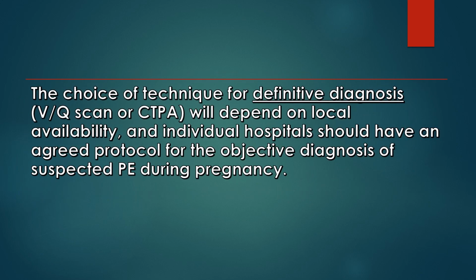The choice of technique for definitive diagnosis, VQ scan or CTPA, will depend on local availability, and individual hospitals should have an agreed protocol for the objective diagnosis of suspected pulmonary embolism during pregnancy.